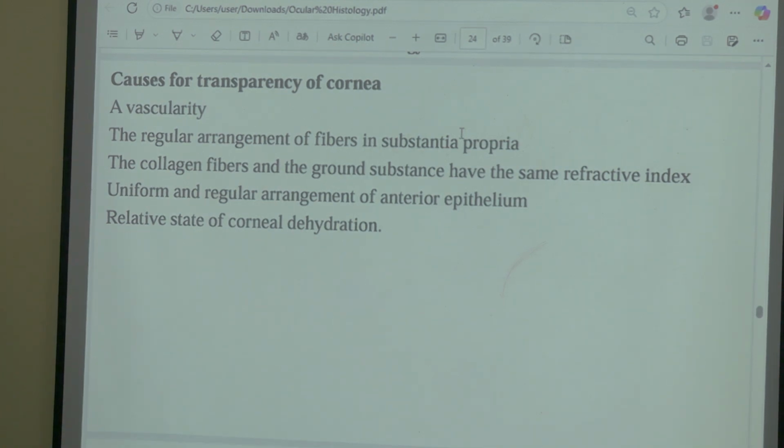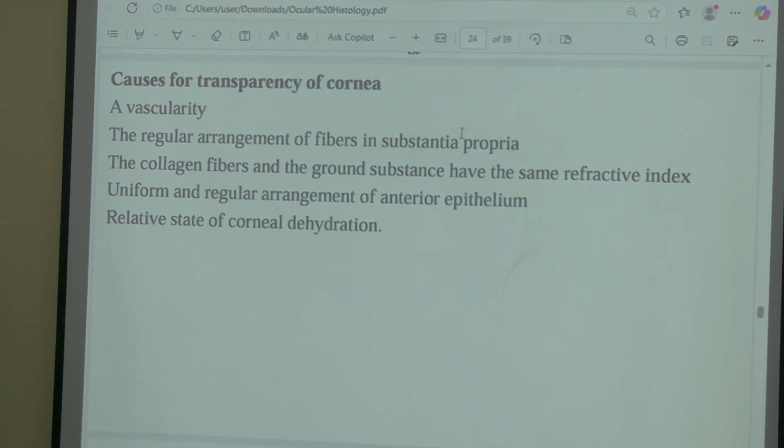Okay, next, if anyone asks you why exactly the cornea is transparent, these are the points. First of all, it is avascular, with regular arrangement of the fibers in the stroma. Then another important point: the refractive index of the fibers and ground substance are the same, which property we have studied in the case of hyaline cartilage, if you remember.